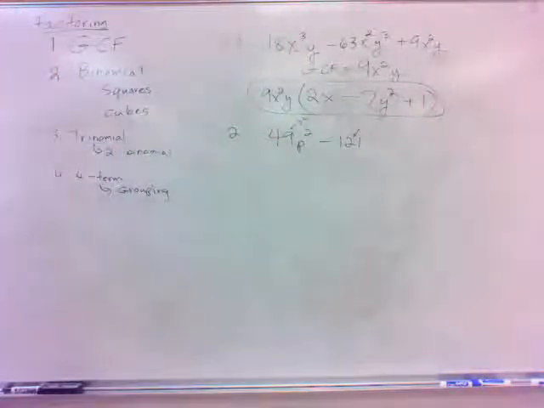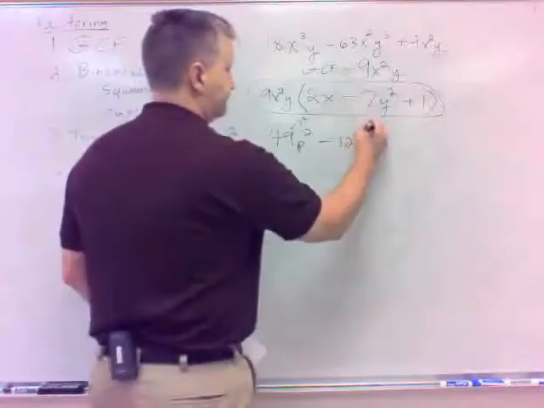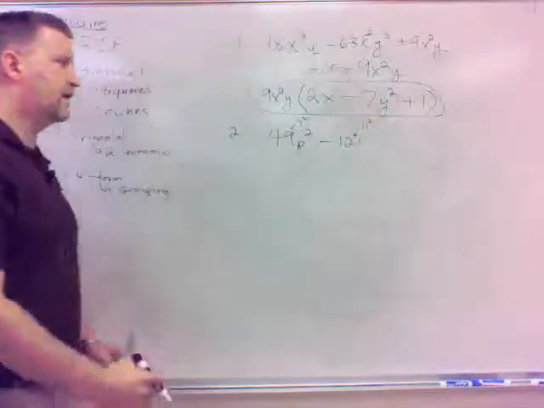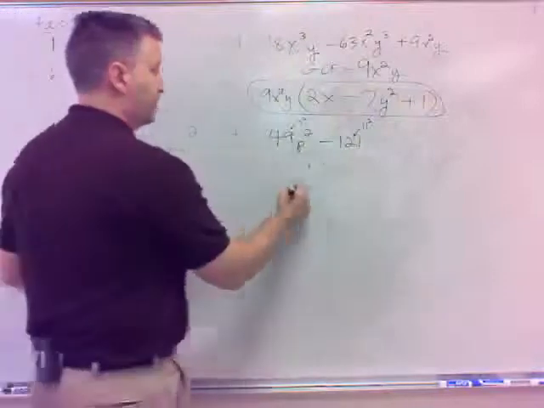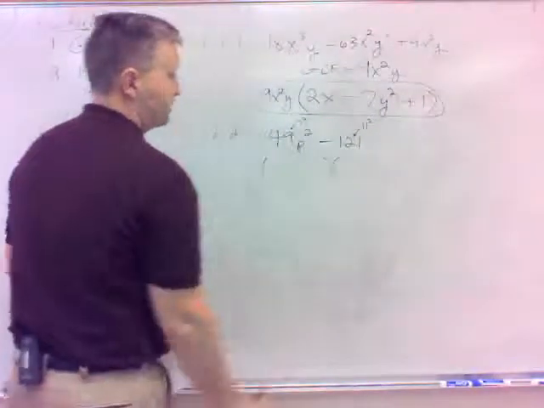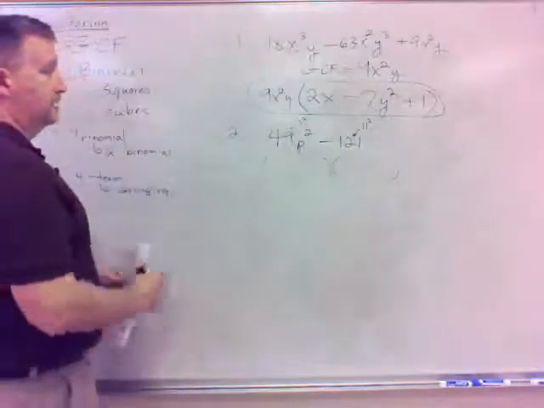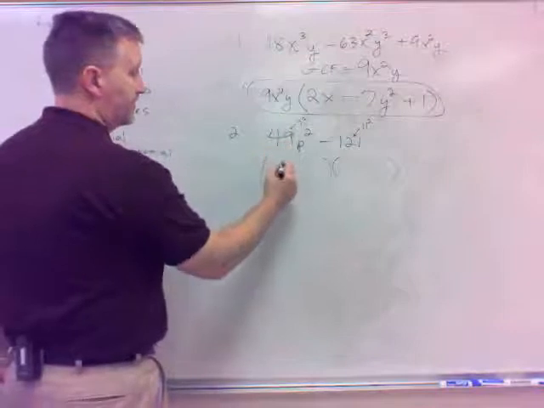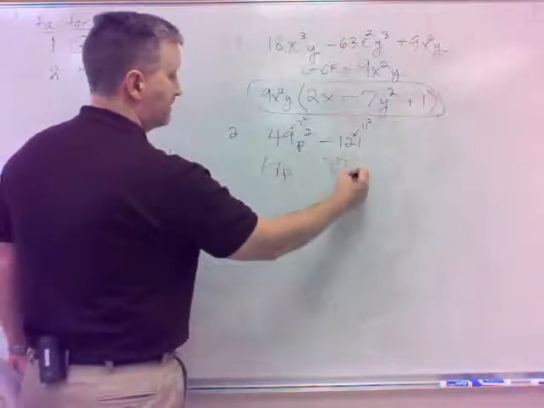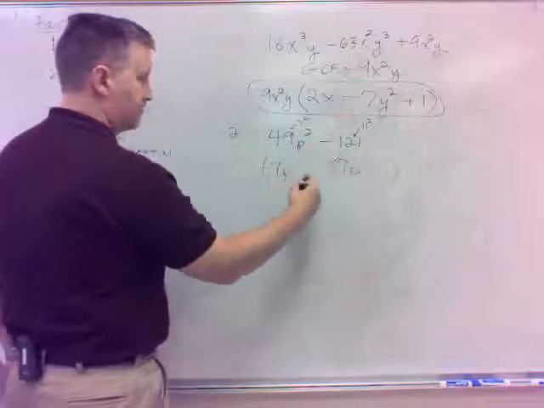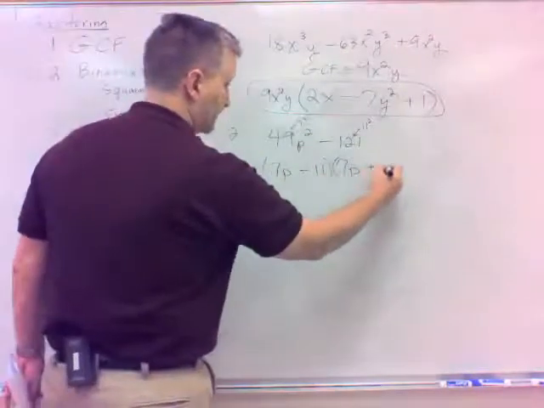What is it? 11 squared. So I do have squares, and it is a difference, so it factors into two binomials: 7p plus 7p, and then the 121 is minus 11 and positive 11, and that'll do it.